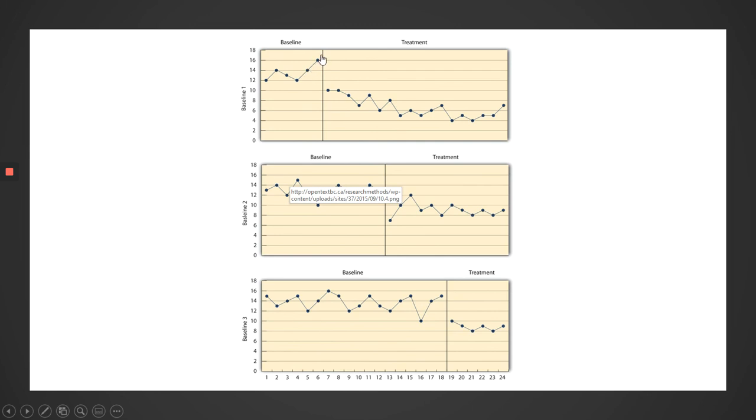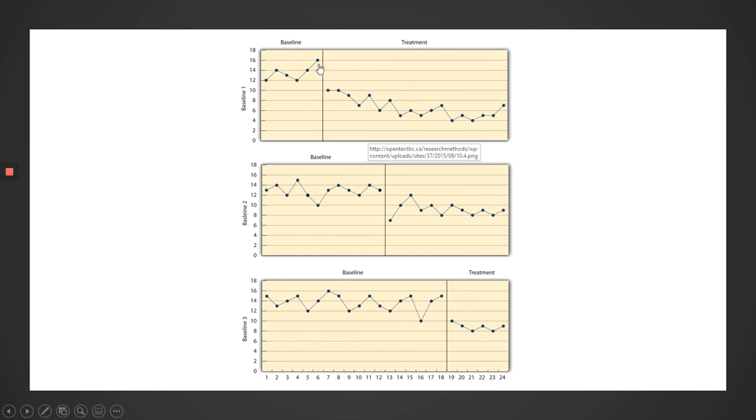We're going to measure them this long, and then we're going to do the treatment, and then we'll see what happens. This other one, we'll let this baseline measurement go longer for 2 other people, and then we'll do the treatment. And then for 2 other people, we're going to have the baseline go much longer before we actually do the treatment.